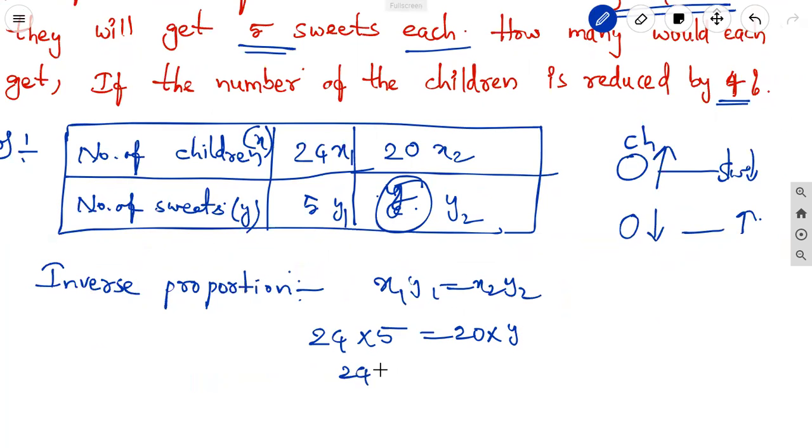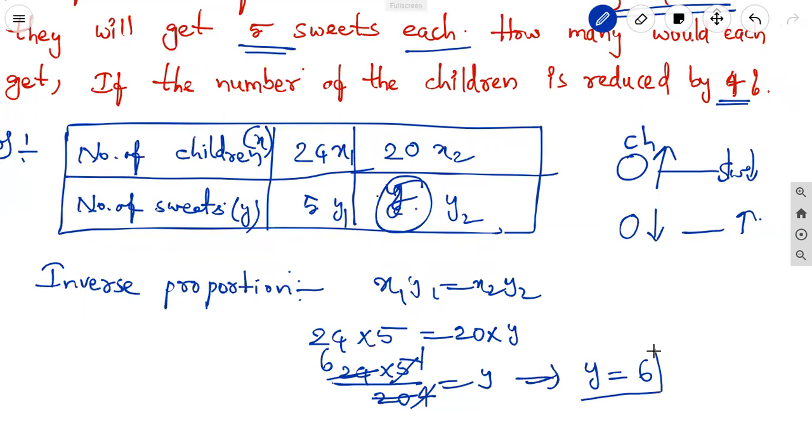So 24 into 5 by 20 equals y. 5 ones are 5, fours are 4, ones are 4, six. So 6 sweets.